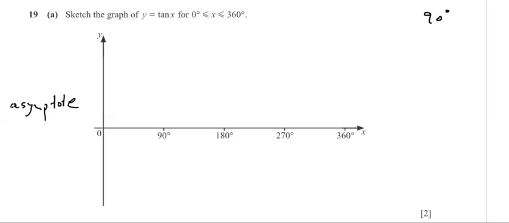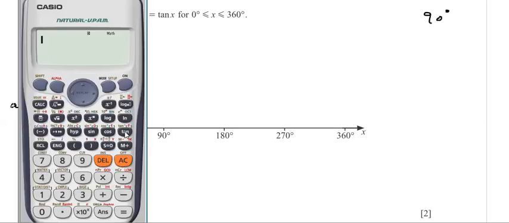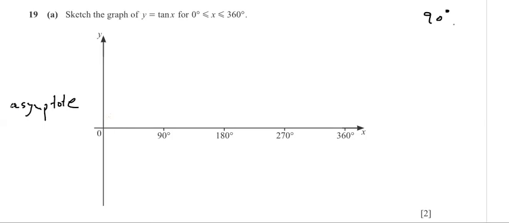Now check for 180 degrees. Tangent 180 degrees, the value is 0. It means it is not an asymptote. Check tangent 270. Math error, it means 270 is also an asymptote for tangent.